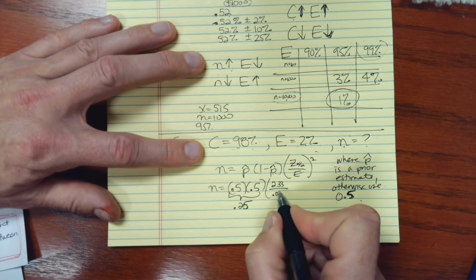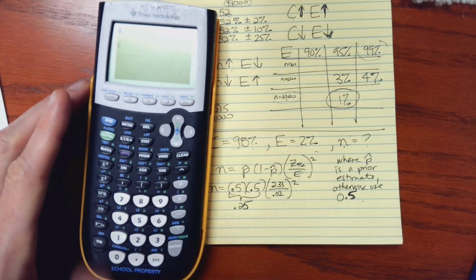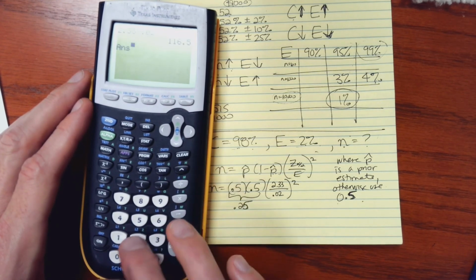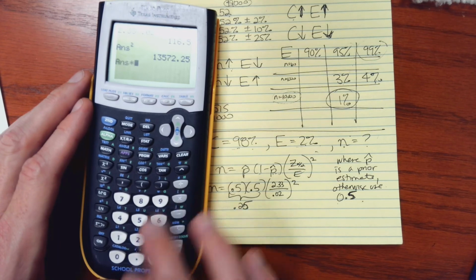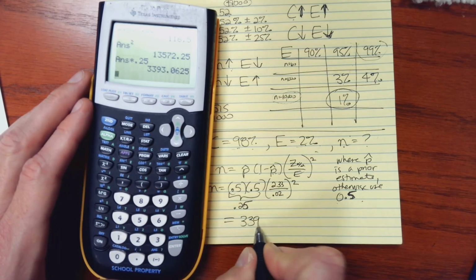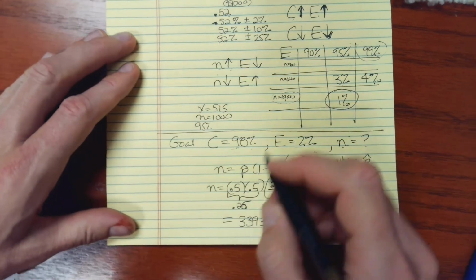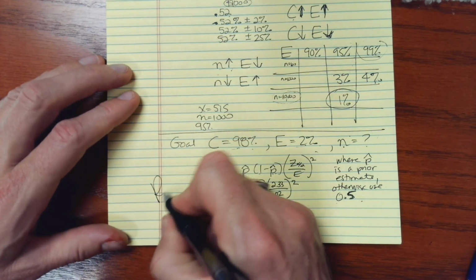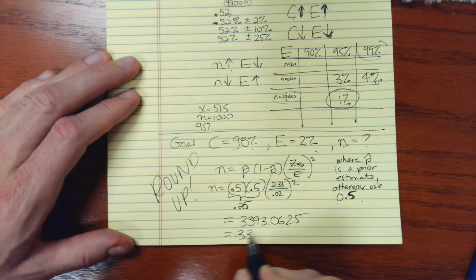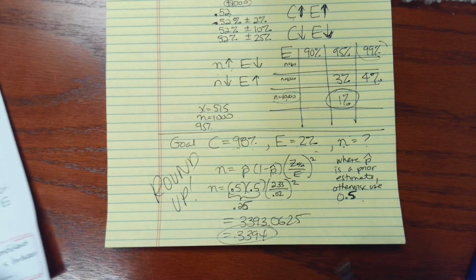Make sure you convert this to a decimal, 0.02, and then we'll square that. So let's see, I need to take 2.33 divided by 0.02, square that, and then multiply by 0.25. And I end up with 3393.0625. Now, always, I can't emphasize this enough, round up. So you're going to use 3394 in this situation for your minimum sample size.